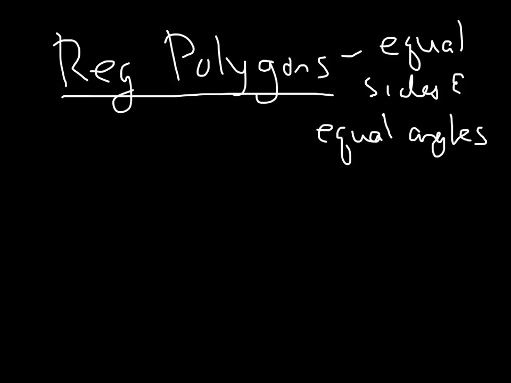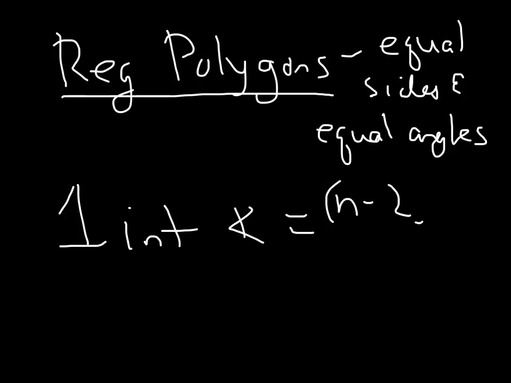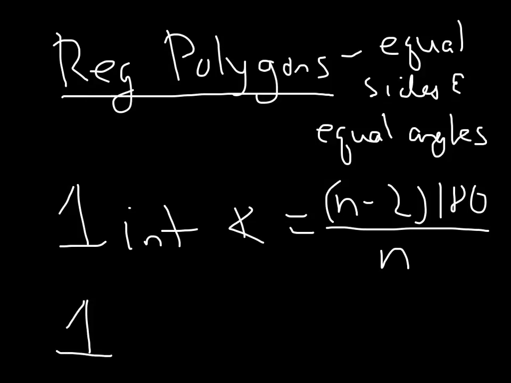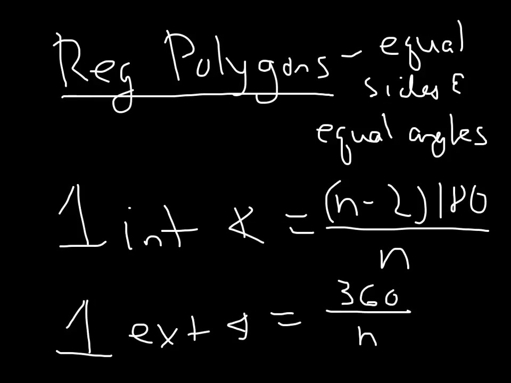So it is equiangular and equilateral. Well, if all angles are equal, therefore if you want to find the measure of one interior angle, you can do the sum formula, which is n minus 2 times 180 divided by n. Similarly, if you want to find one exterior angle, you can do the respective sum formula, which is just 360 divided by n.